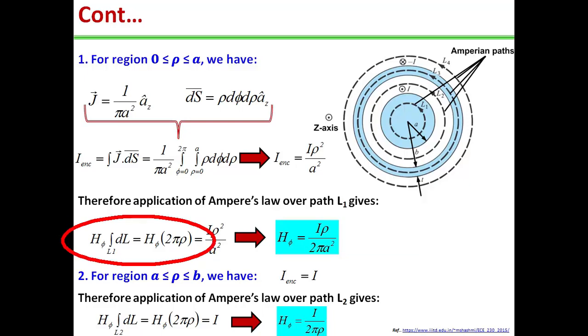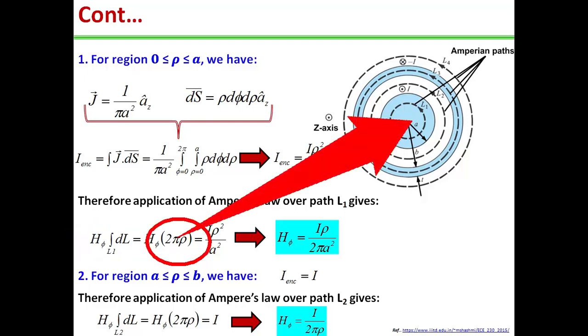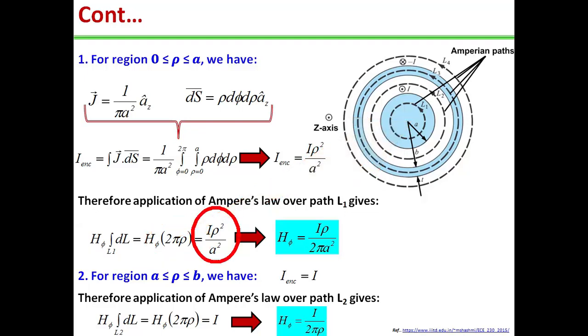This will be equal to H phi times 2 pi rho, where 2 pi rho is the circumference of the circle for the path L1, and this will be equal to I rho squared by a squared. Therefore, we have H phi equal to I rho divided by 2 pi a squared.